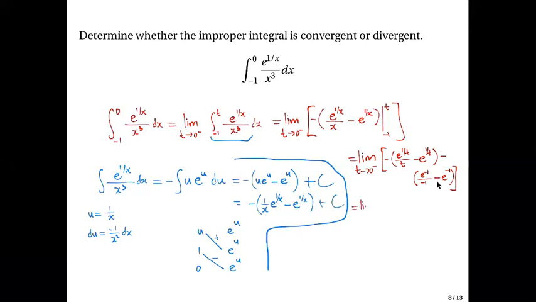So we will have the limit as t approaches 0 from the left of negative e raised to 1 over t, and then minus, that's just 0. And then I think I missed the negative in this part, minus the negative of here.